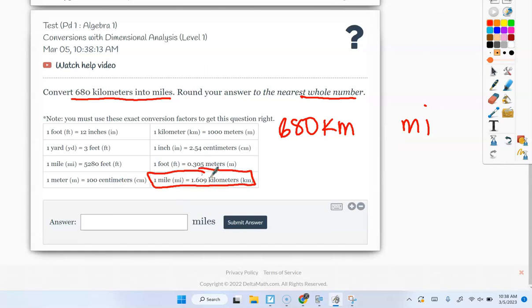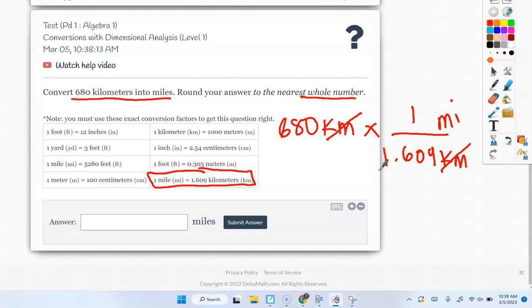So you need to think about which way you want to write your timesing fraction. I'm going to times this by some fraction, and that fraction has to have kilometers on the bottom and miles on the top, because I want these kilometers to cancel out. So that means 1 mile and 1.609 kilometers.